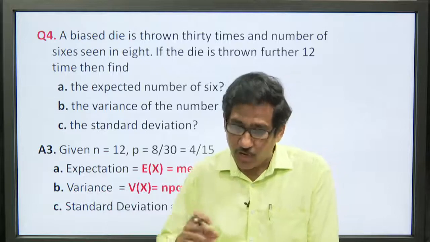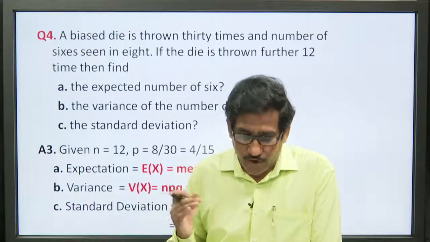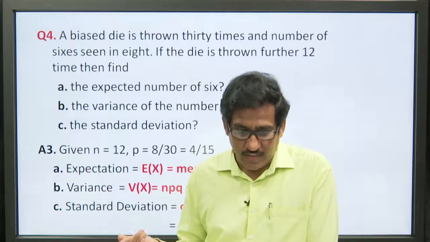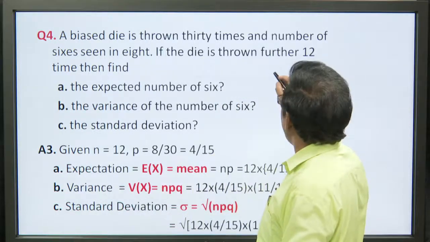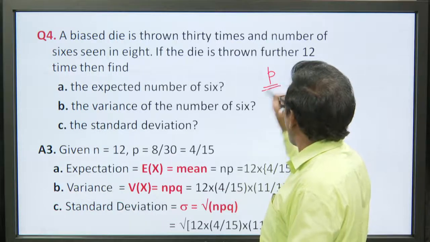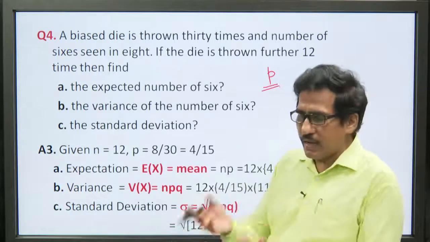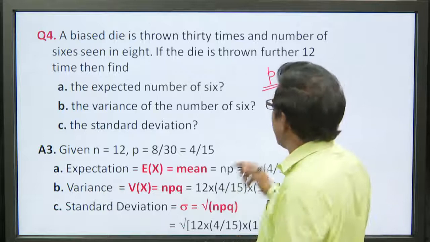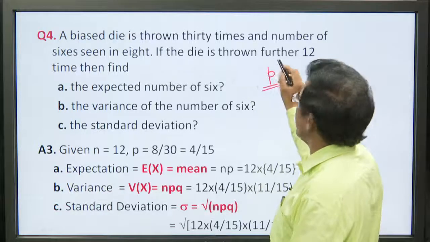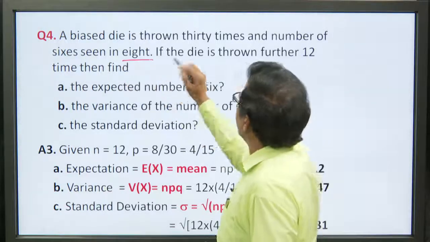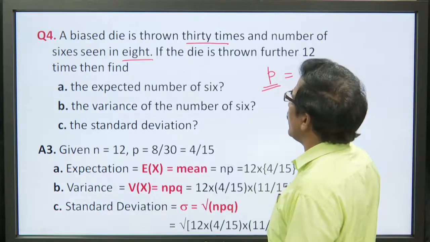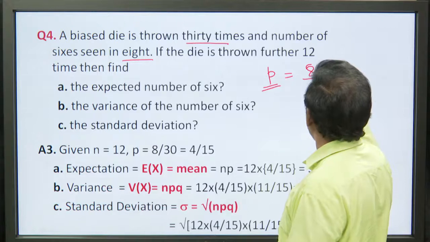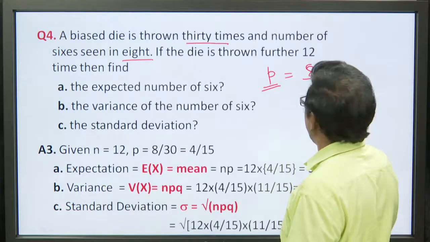If the die is further thrown 12 times, then find the expectation of the number of 6s, the variance and the standard deviation. So, the probability of 6 occurring on that particular die: the favorable case is 8 and the total is 30, which equals 4 upon 15.